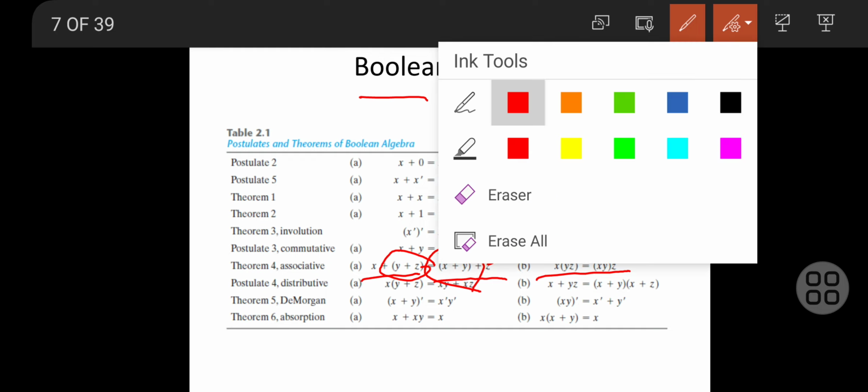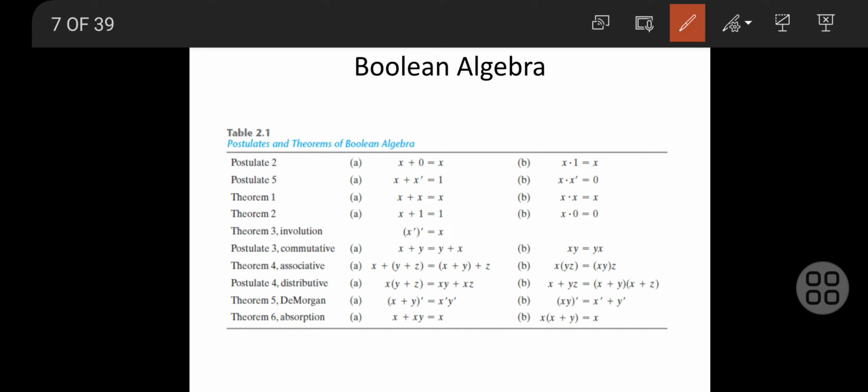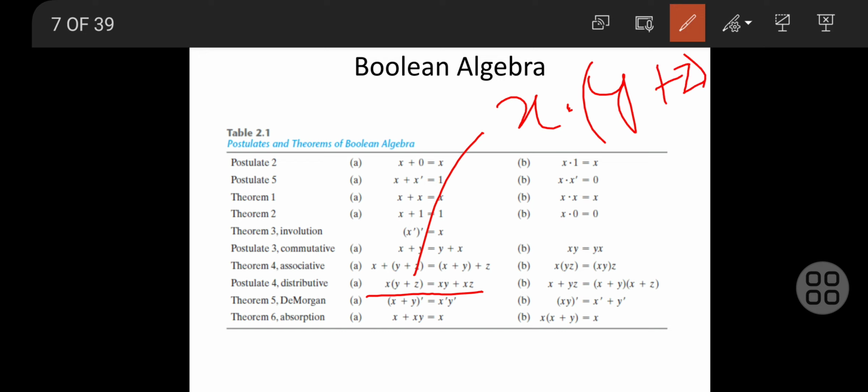The next is the distributive property, right? So x dot (y plus z) is equal to xy plus xz. Suppose you have x dot (y plus z), that is the distributive property.